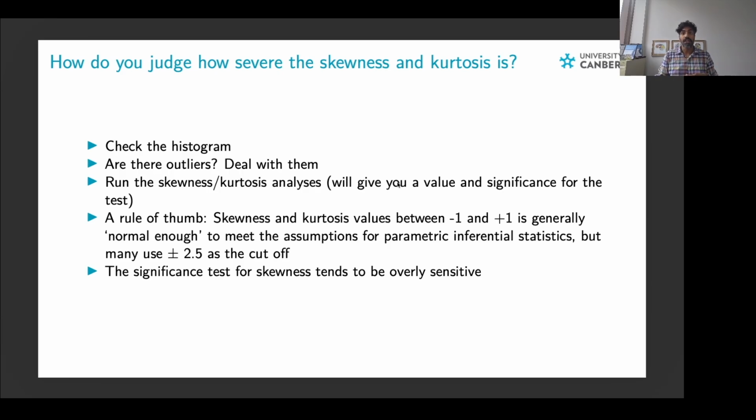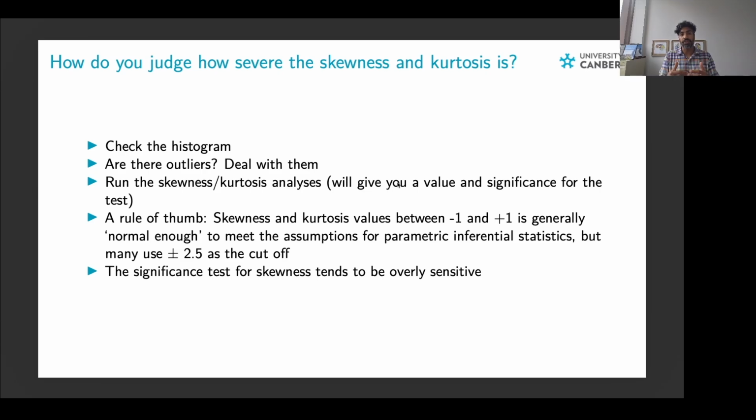So for example, when you have really large data sets, these statistics are really sensitive to skewness and kurtosis. And so you may have a tiny bit of kurtosis or skewness occurring, and it'll be significant in a large data set. And so in those data sets, typically we don't use these statistics.